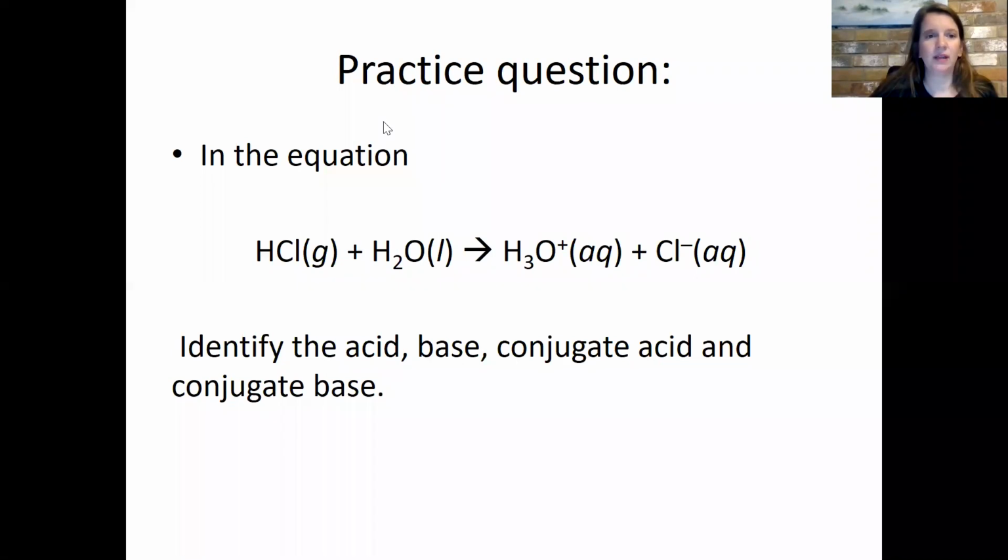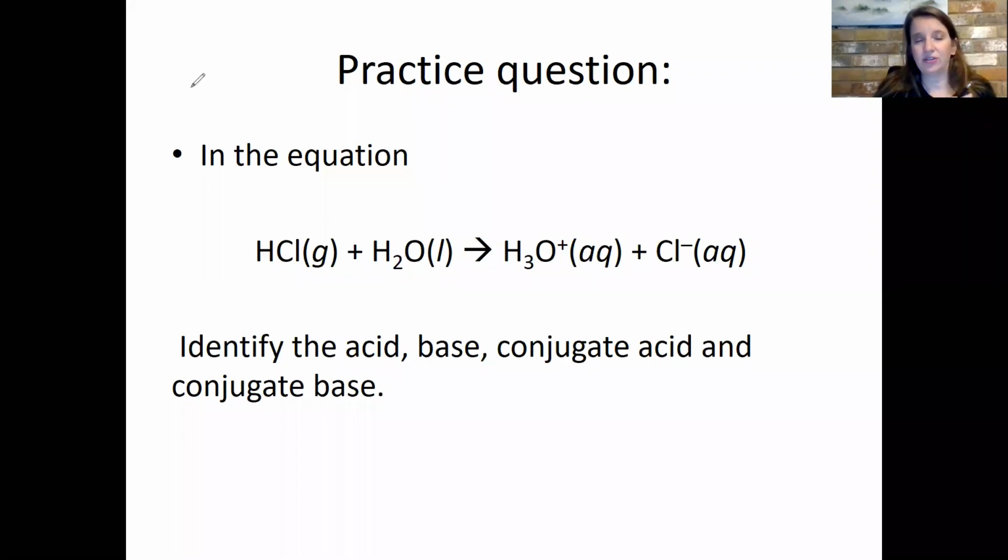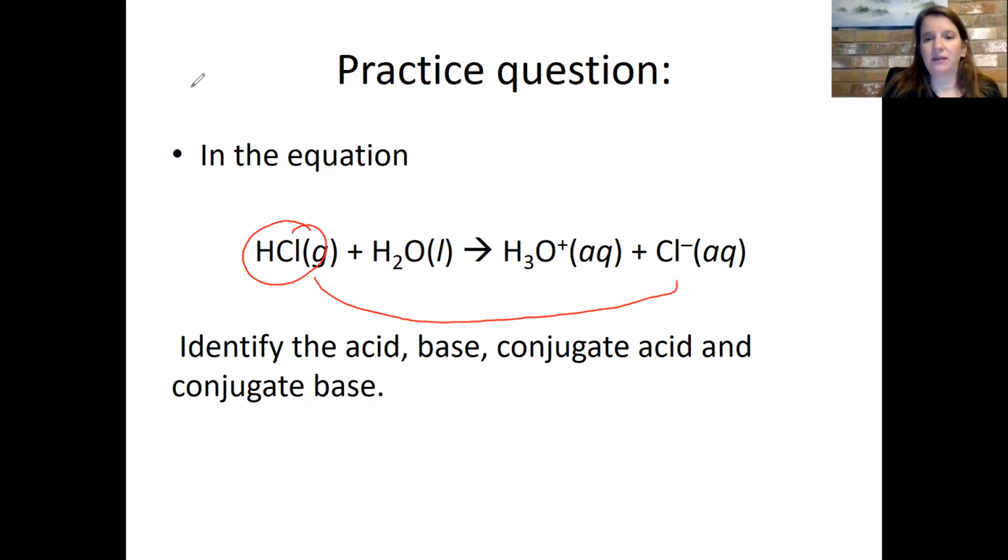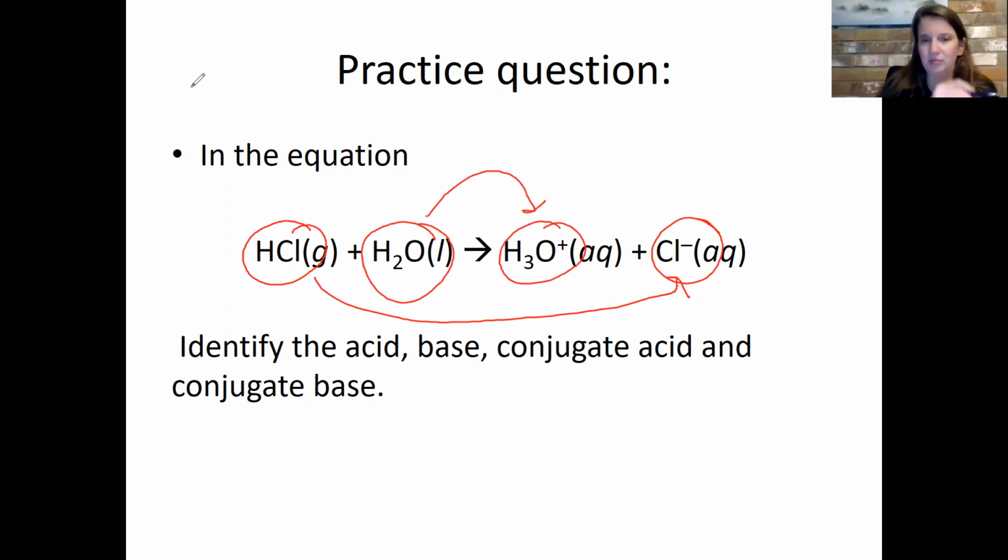Next example, again, follow the hydrogen. See which thing lost the hydrogen. So on the reactant side, we have HCl, and that ends up making Cl negative 1. The H2O ends up becoming H3O plus. Since the HCl went from HCl to just Cl, this lost a hydrogen, which makes this the acid.